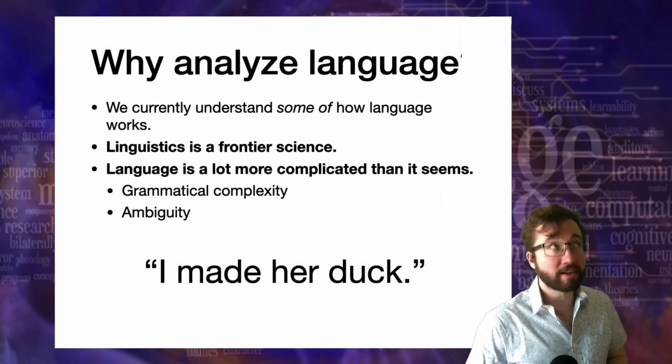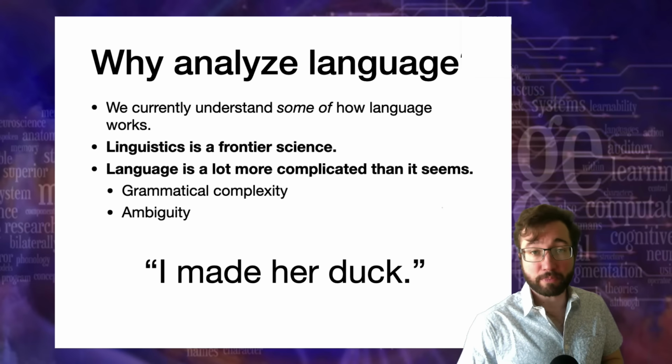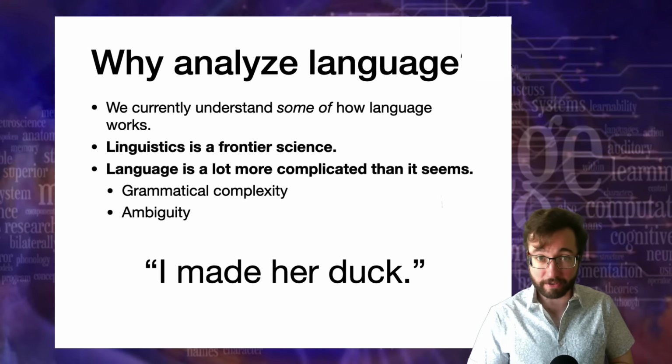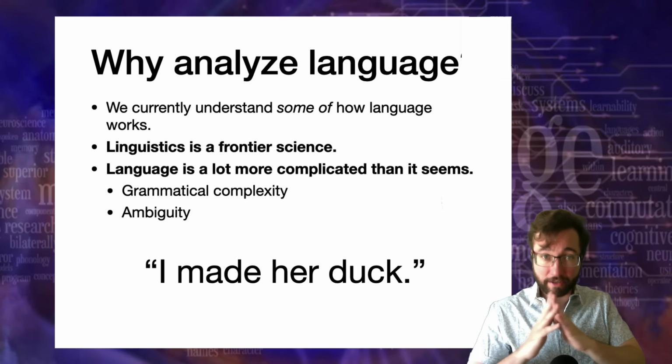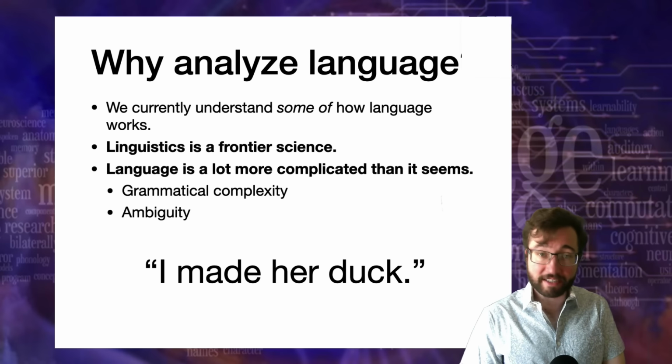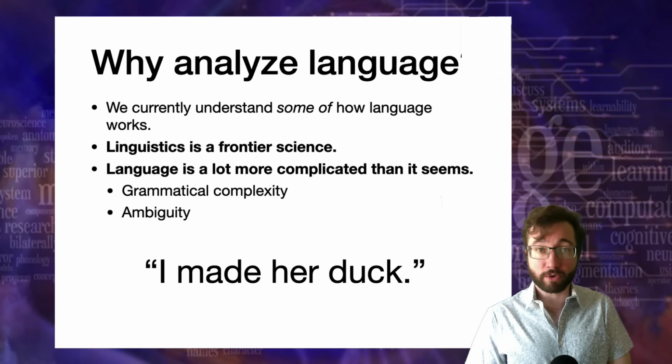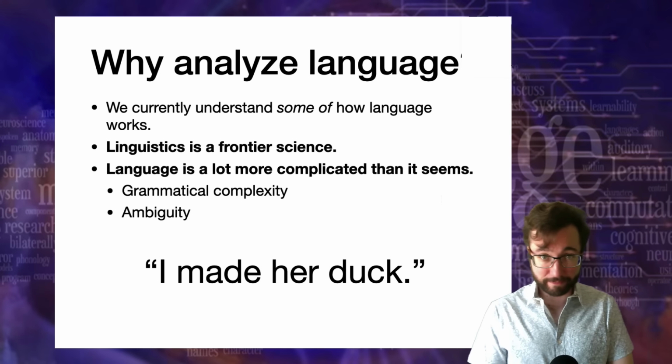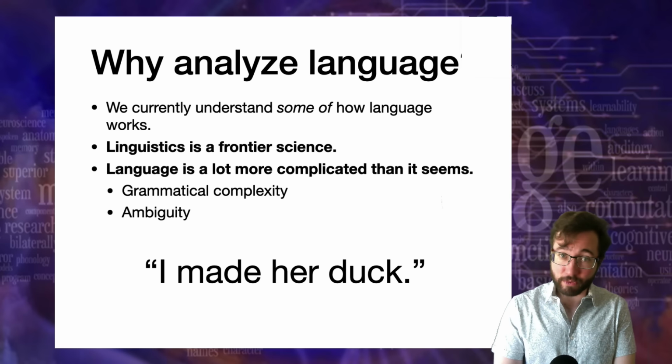This is, by the way, the number one reason that language processing for computers is difficult, because computers don't have this ability to throw away all the possible meanings of the sentence which were not really intended by the speaker. So that's ambiguity. It's one of the ways in which language is enormously complex.